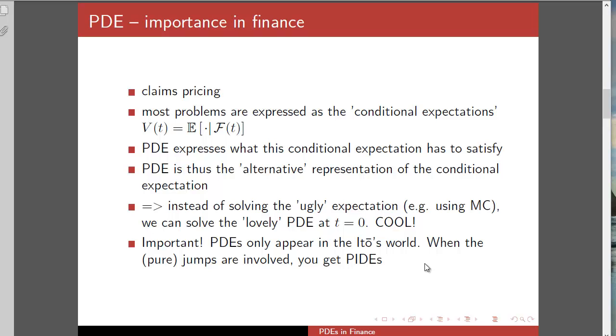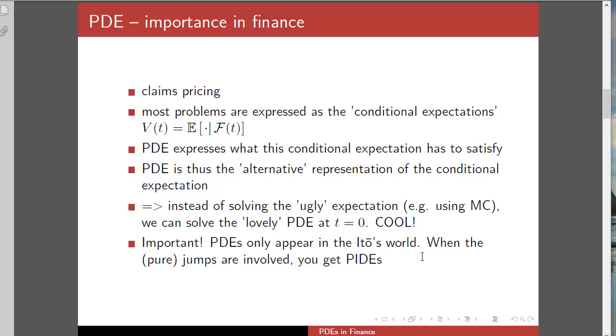Then you would not have PDEs, but you would have PIDEs. This extra I means integral. So this would be partial integro-differential equation. Okay, so the information that I provide here is only related to PDEs, and PDEs are connected with the Itô processes, right?